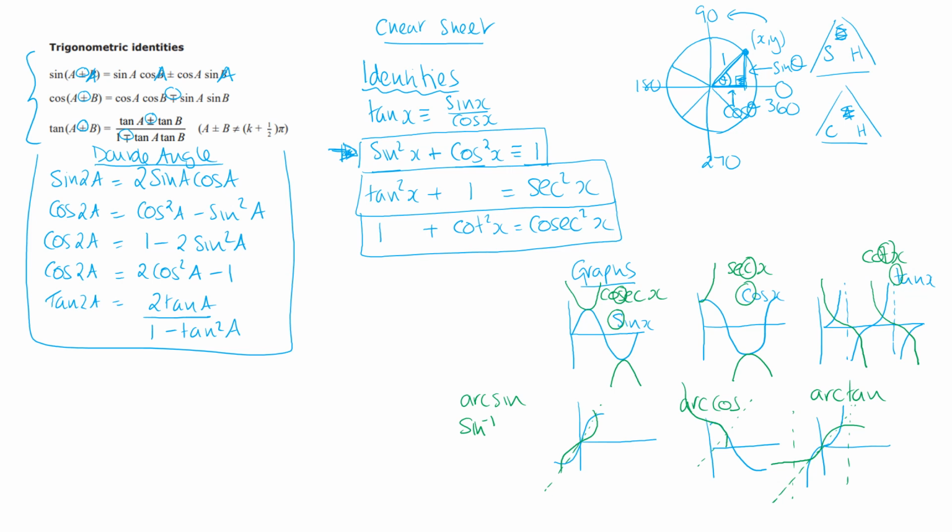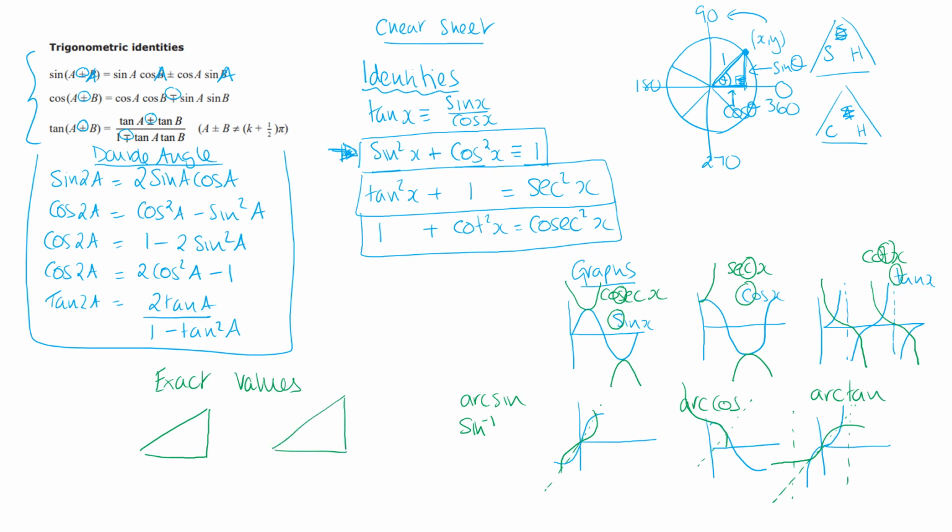Now what else might we need? We might need our exact values that if you did Edexcel GCSE, you might have come across those and had to learn them. People have different ways of learning them. I like the 2 special triangles.